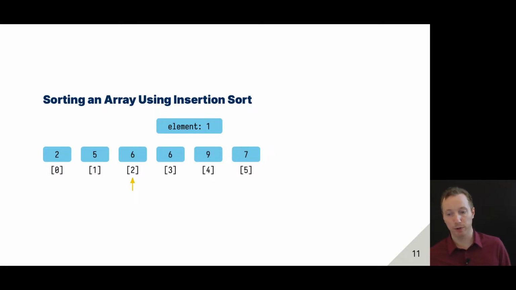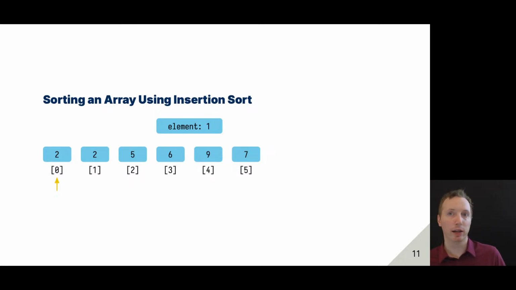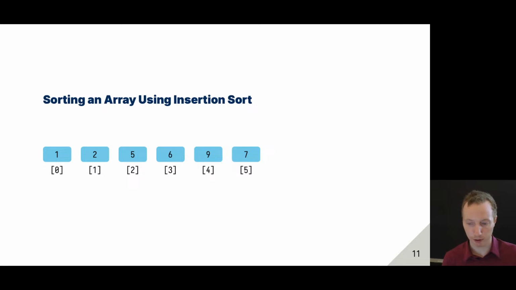I got to shift it over. Look at the next index. The value is 5. It's greater than 1. I need to shift it over. Then I look at the next index, 2. Well, that's greater than 1, so I need to shift the 2 over. And now I'm at the beginning. I have nowhere else to go. So I know the 1 needs to go at index 0, right? So now it looks like this.